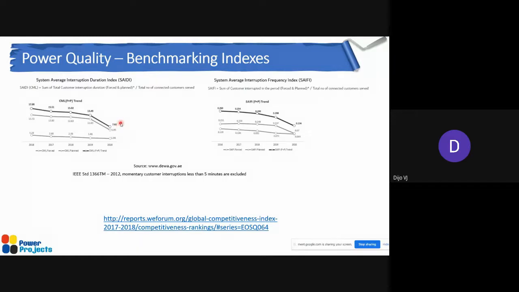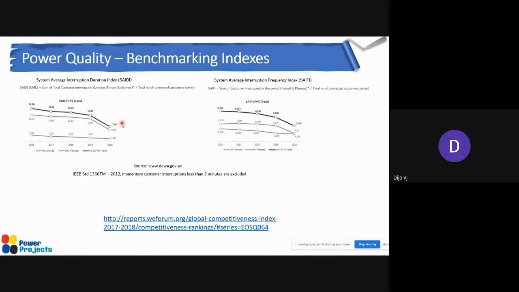They were considered one of the reputed utilities with respect to these indexes. What happened in Dubai in 2020 is that, on average, a consumer lost 7.61 minutes of power in 1 year. So we can try to understand where they stand and where we stand.